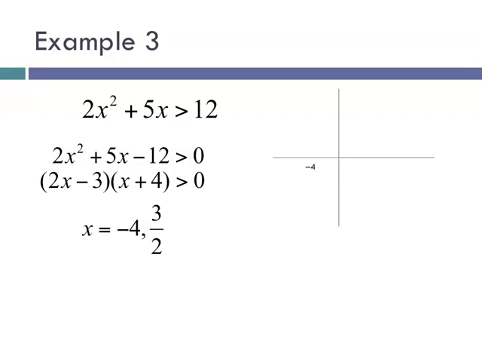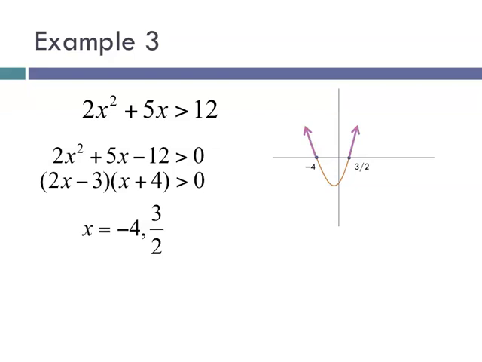So the general shape goes through -4 and through 3/2, and it's a parabola facing upwards. Now, looking back at the inequality, we had 2x squared plus 5x minus 12 is greater than 0. Where is this function greater than 0? Well, in this section here and this section here.